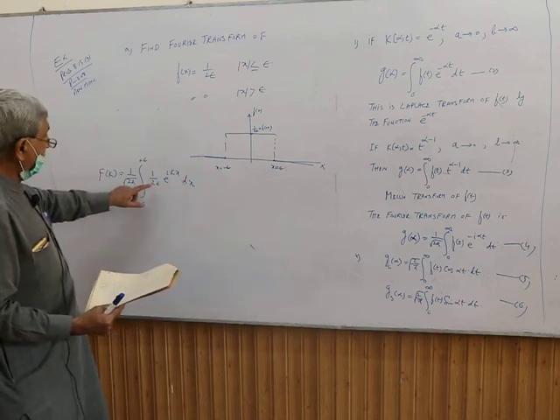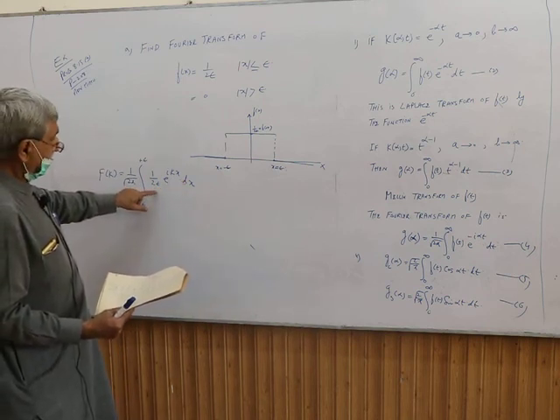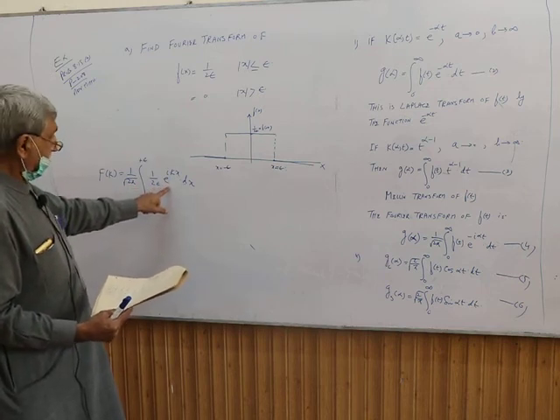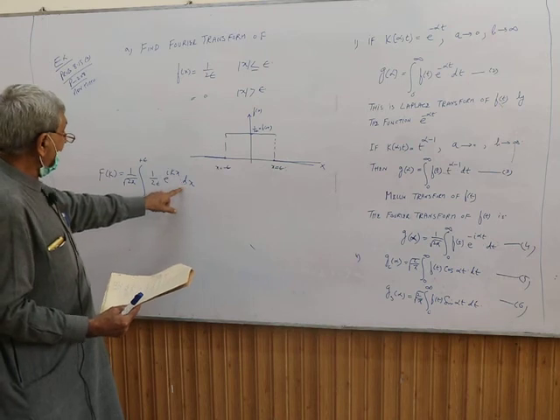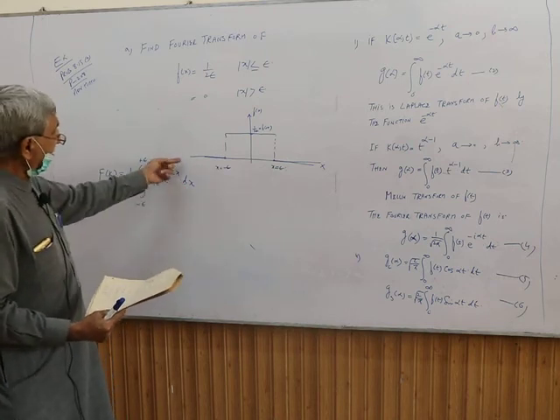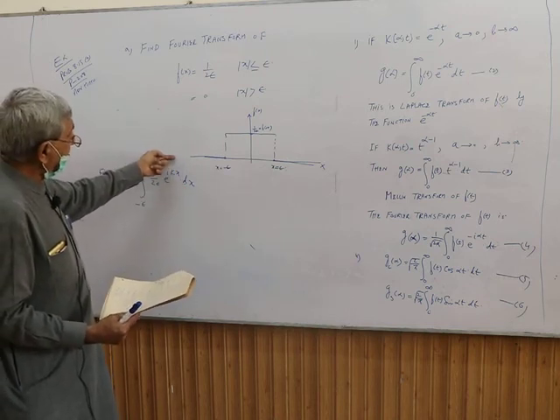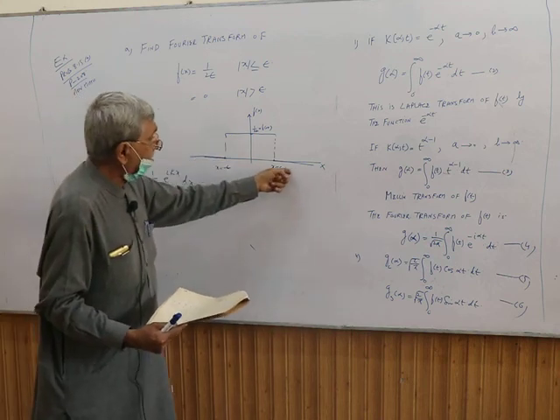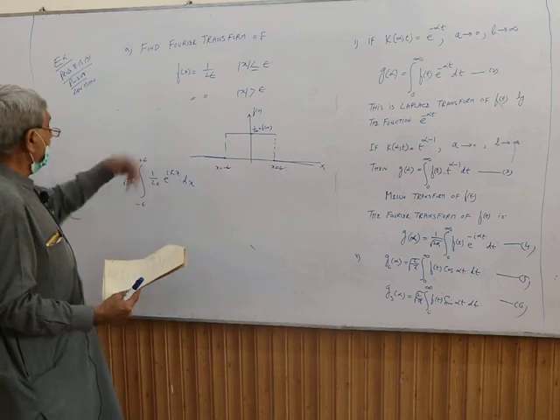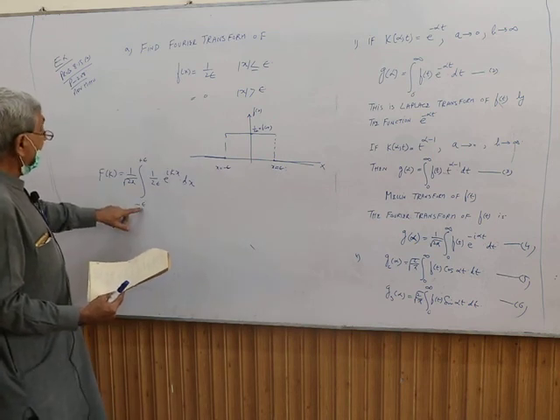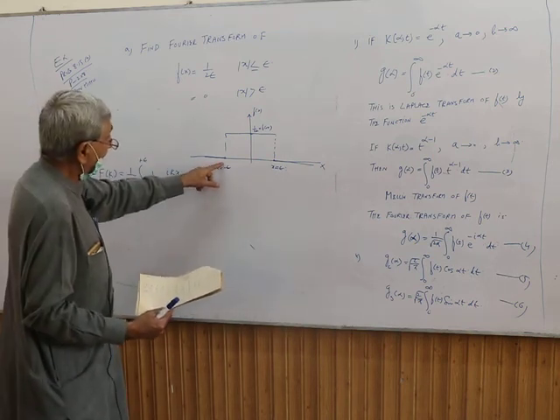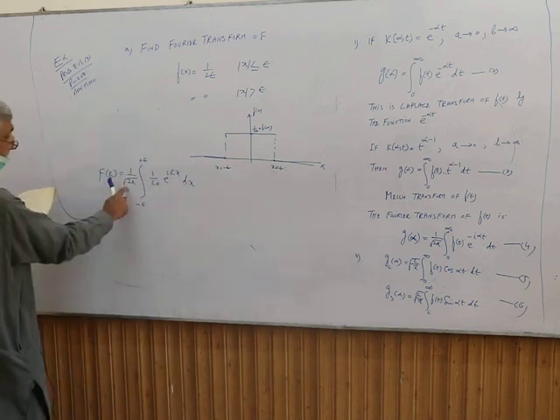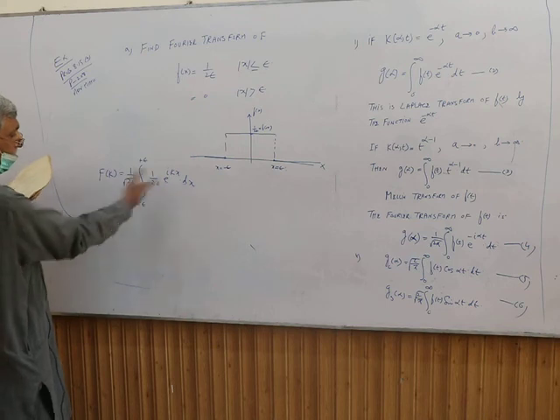This is your f(x), this is your helping function e raised to ikx, that is dx. The limit is, because from minus infinity to minus epsilon it is 0, from epsilon to plus infinity it is 0, there is no need to write it. So it starts with minus epsilon to plus epsilon, and that's the normalization constant.